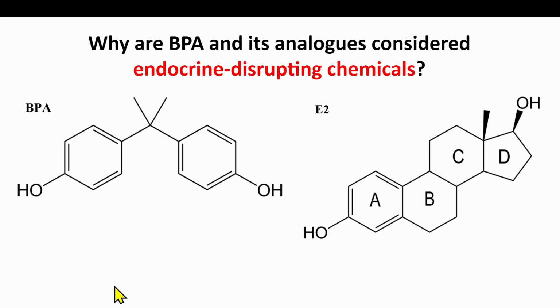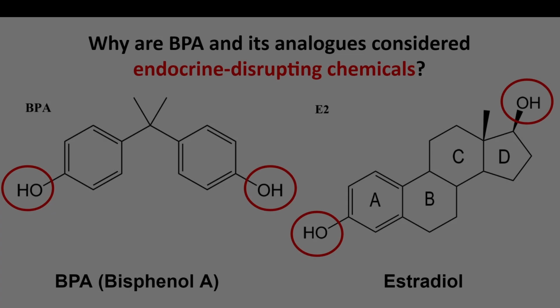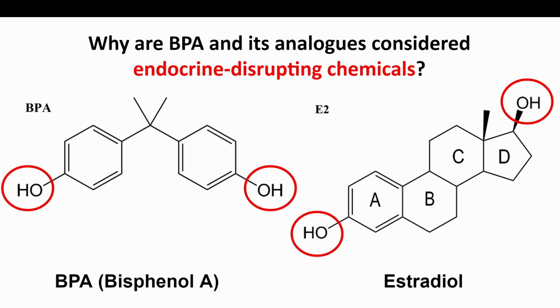What students should also be able to recognize is that both molecules, BPA and estradiol, have these ring-like structures. This is called a benzene ring. The actual hydroxyl groups are highlighted here, which enables these two molecules to do hydrogen bonding with their potential receptor.